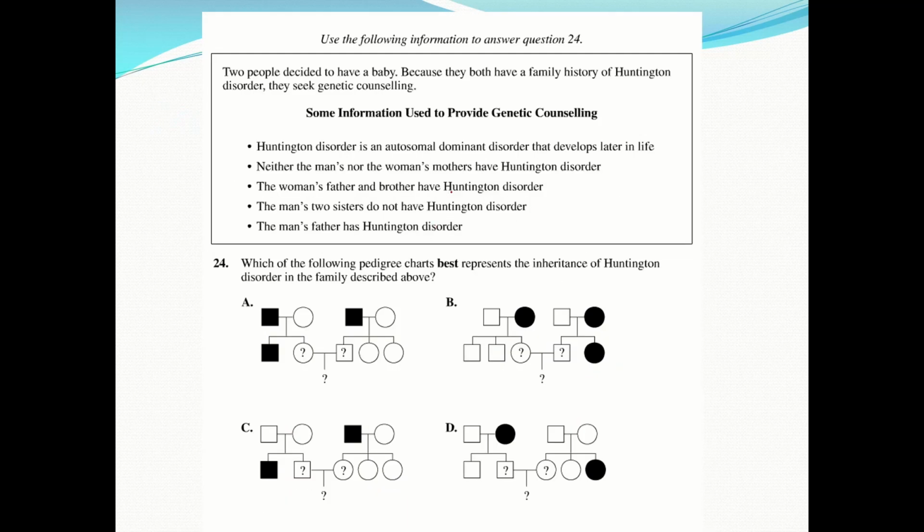Okay, and then this question: which of the following pedigree charts best represents the inheritance of Huntington's? So Huntington's is an autosomal dominant disorder. Neither the man's nor the woman's mother has Huntington's disorder.